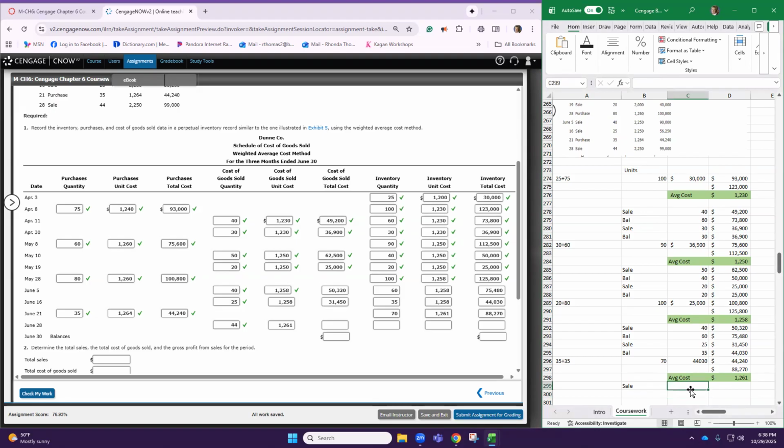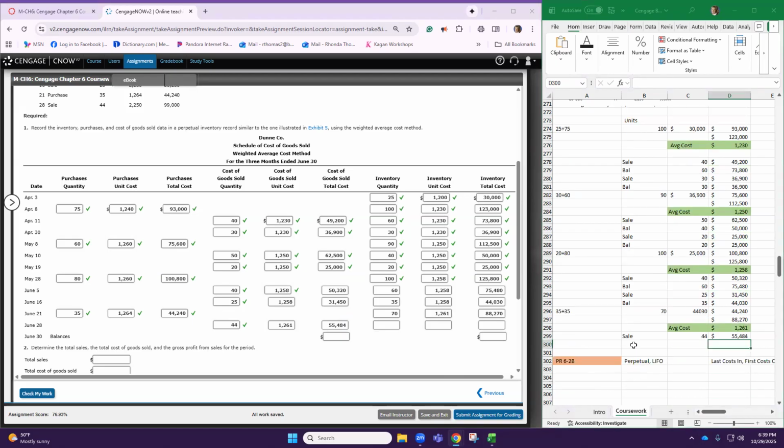So 44 items times that new average cost is 55,484. That leaves, so now we have a balance.